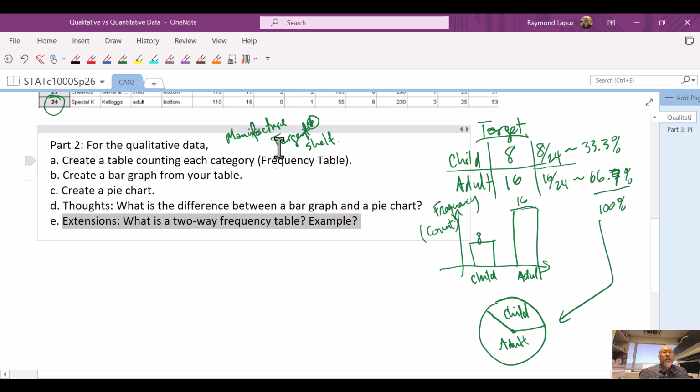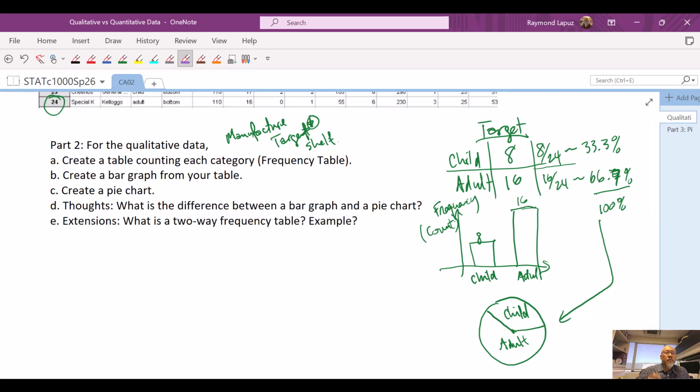A two-way frequency table takes two data sets, two qualitative data sets usually, and then combines it into one table.